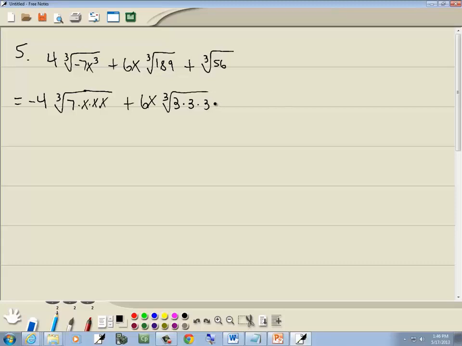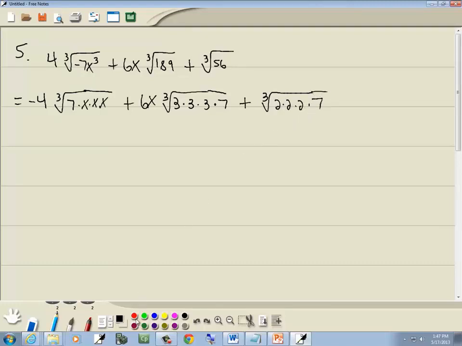Let me double check this. So 27 times 7 gives us 189. Okay, it breaks down that way. Plus, now 56 is 2 times 2 times 2 times 7.